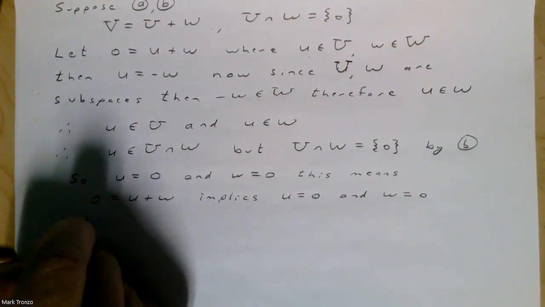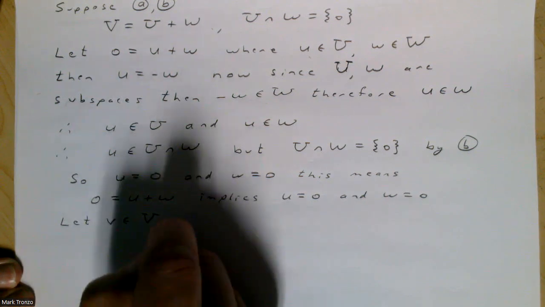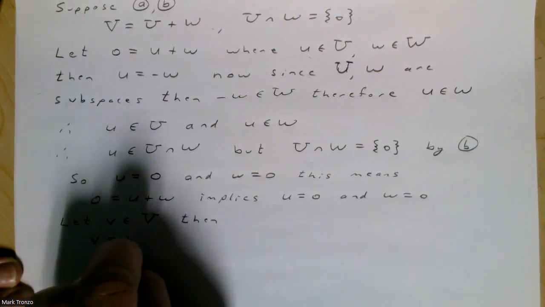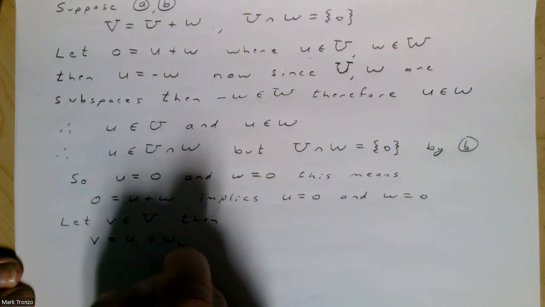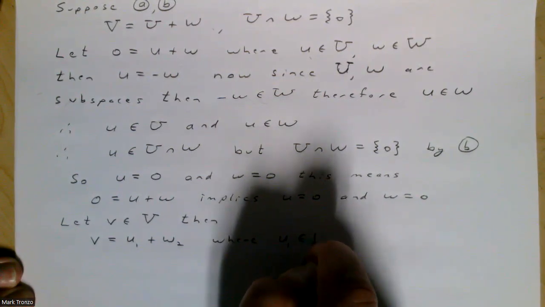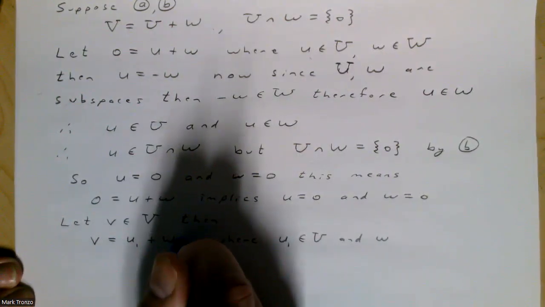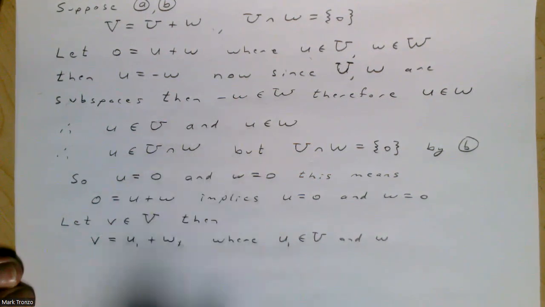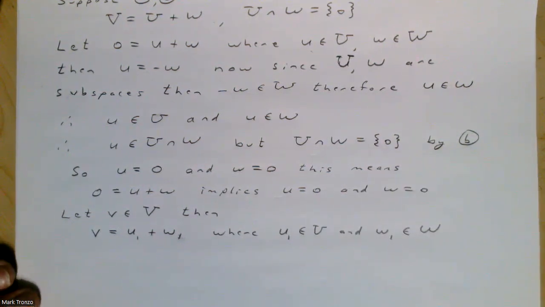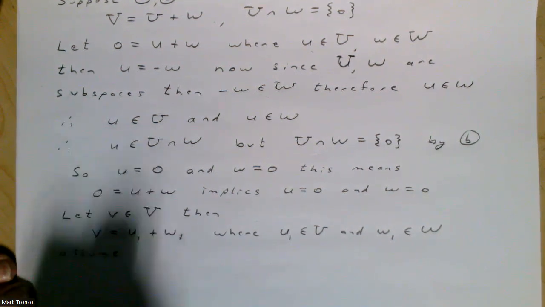Again, let V be a typical vector in V. Then V equals u1 plus w1, where u1 is in U, and let me call this w1 here, please, and w1 is in W. And assume also that there's another way to represent this.